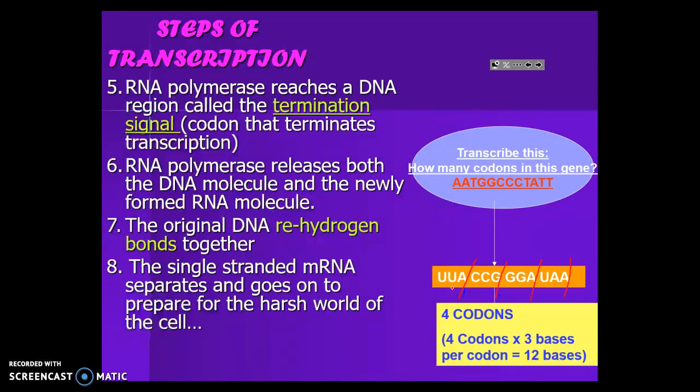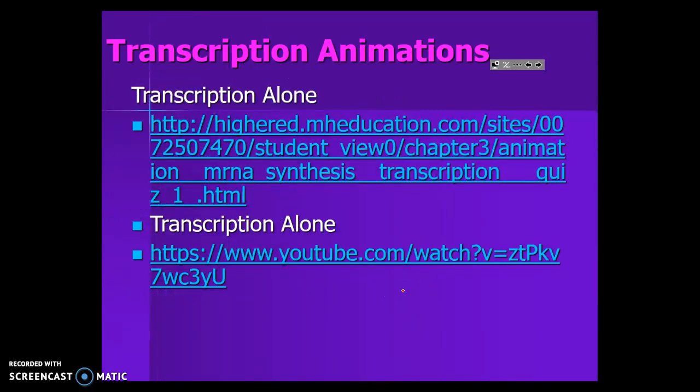That will result in 4 codons. Each codon will code for a specific amino acid, and this code will be read in codons, 3 nucleotides at a time. Good job.